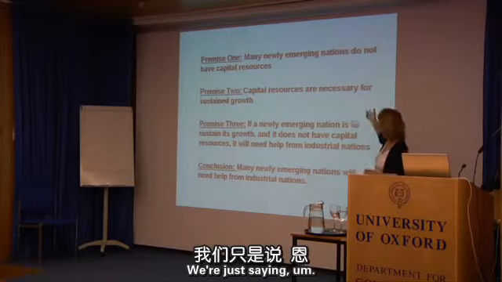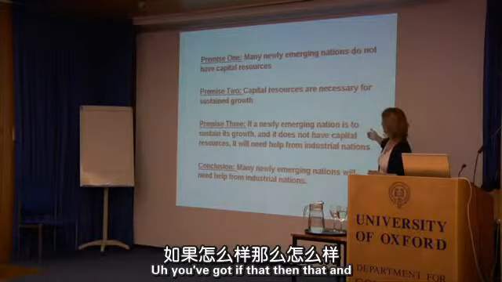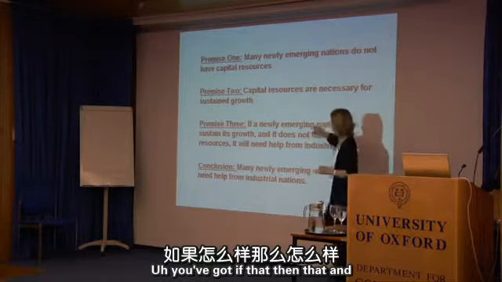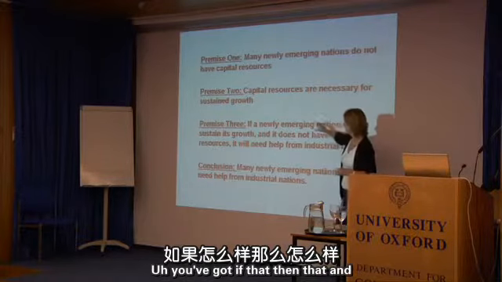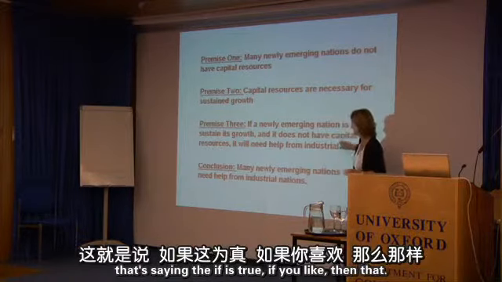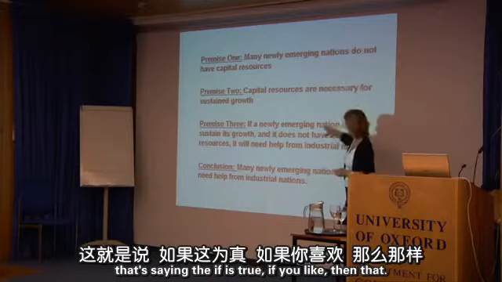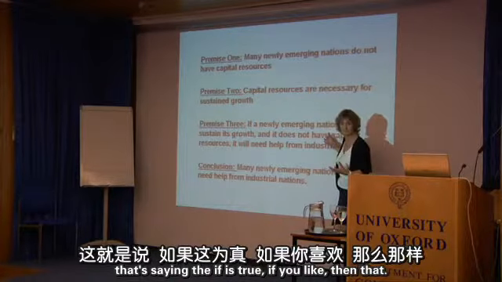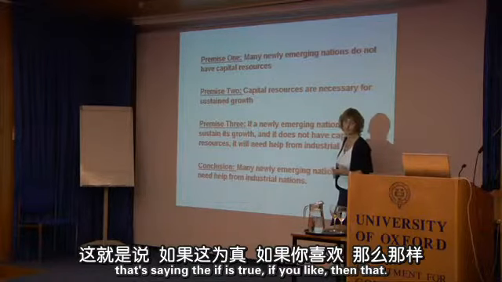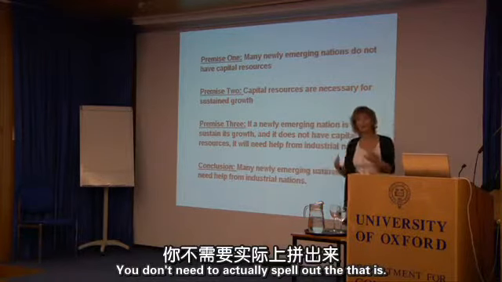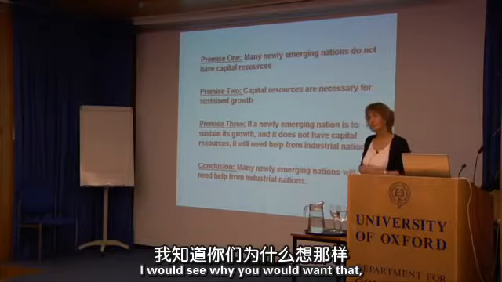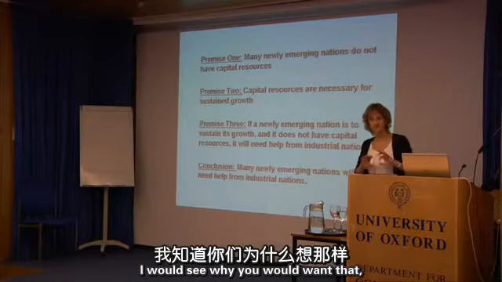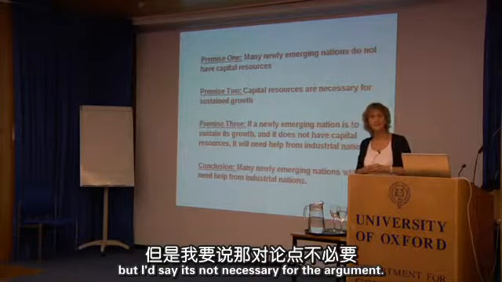We're just saying, okay, you've got if that, then that, and that's saying the if is true, if you like. So then that. We don't actually need to spell out what the that is.